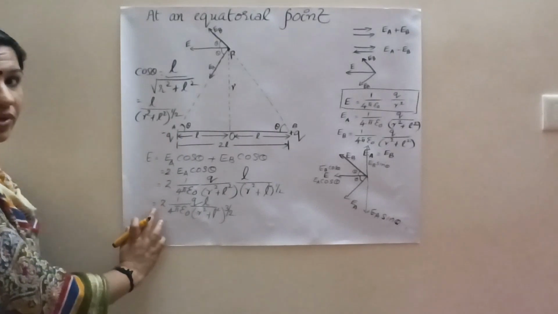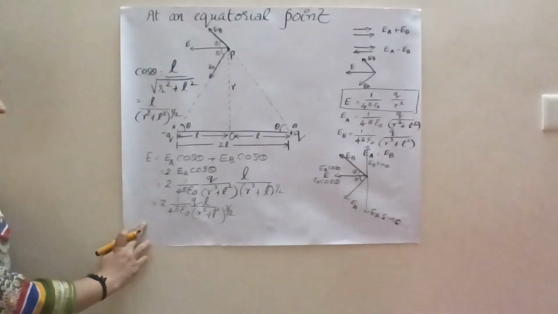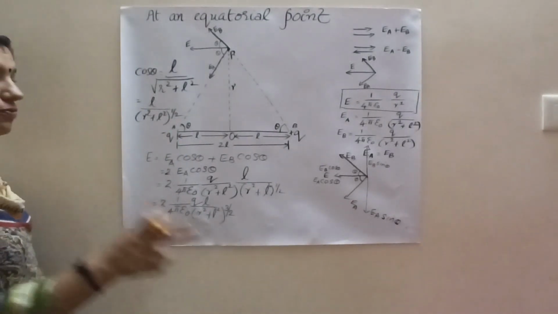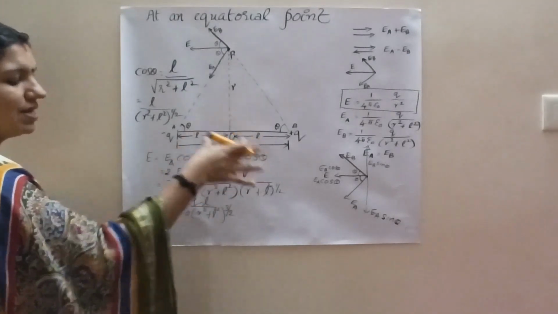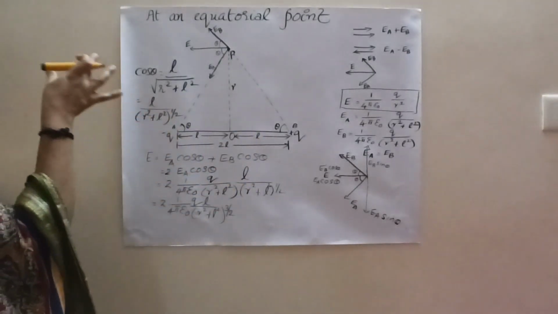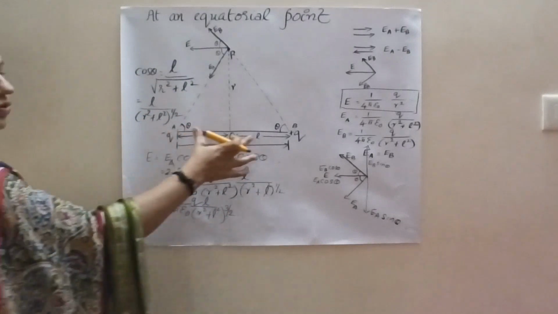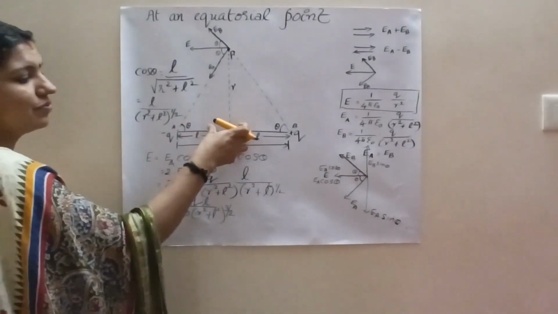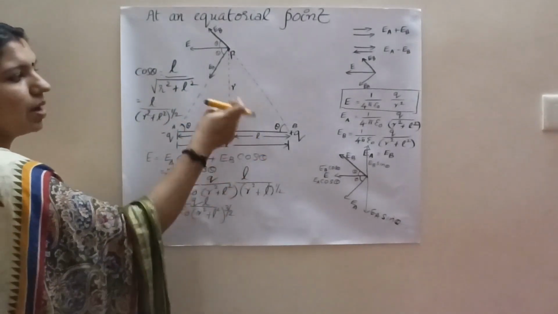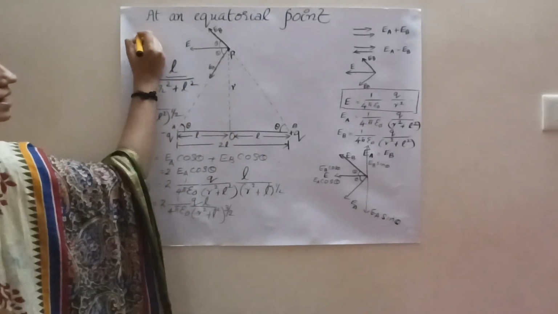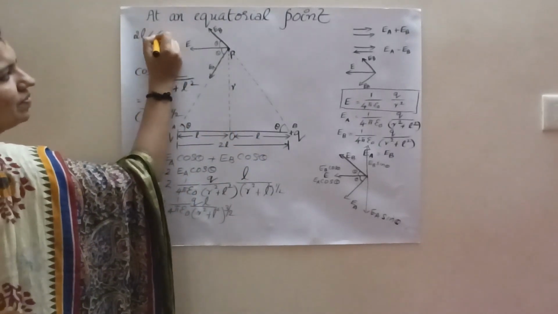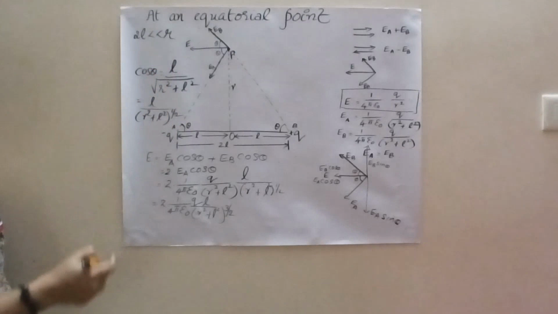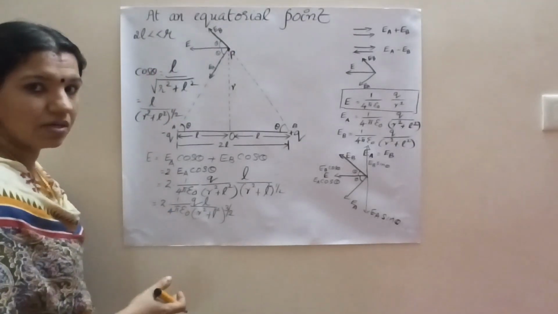But here also we have to take the special case. What is the special case here? If the length of the dipole is very much less than our distance r, that is, for a short dipole, the condition is 2L is very much less than R. In the last case also, for the axial point, we considered the same case.